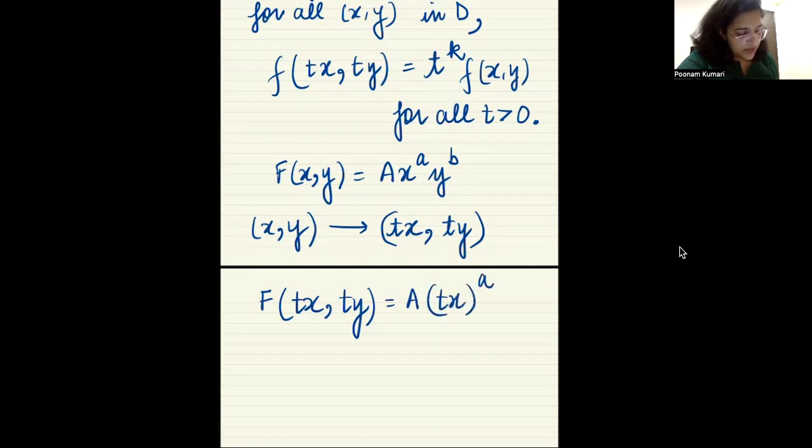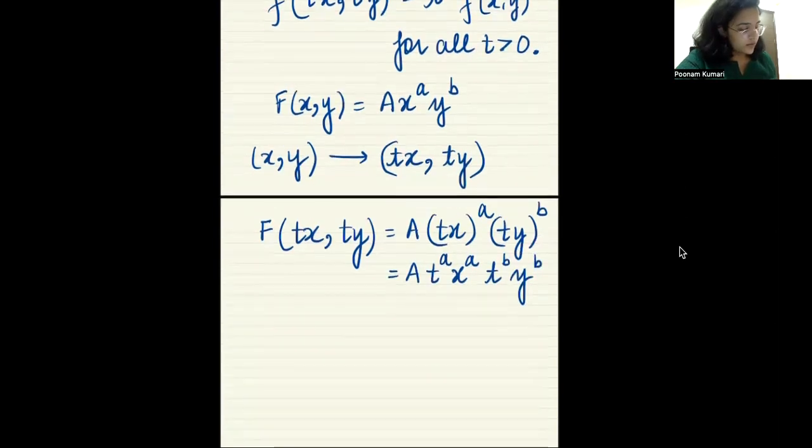And ty raised to the power b. Okay. So now let's simplify it more. I can write it as t raised to the power a and x raised to the power a, and similarly t raised to the power b and y raised to the power b.